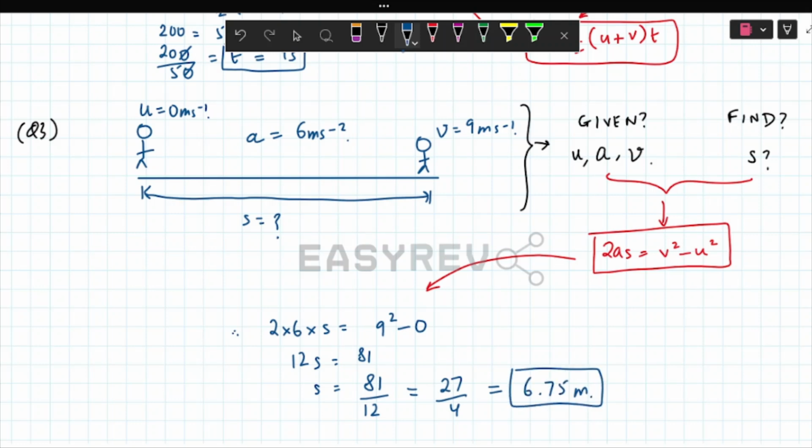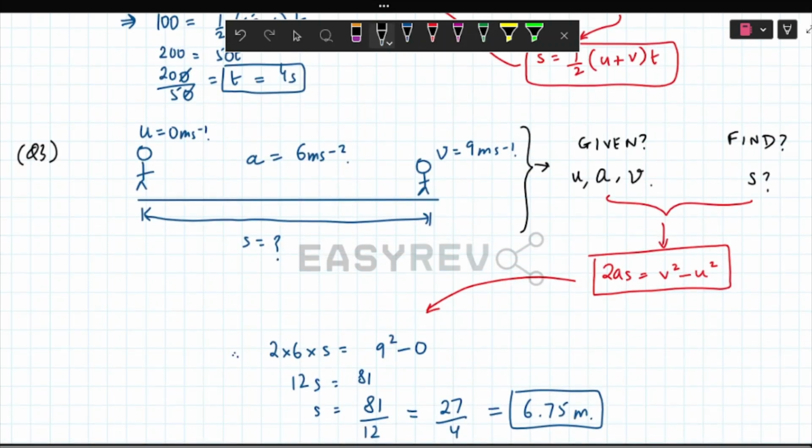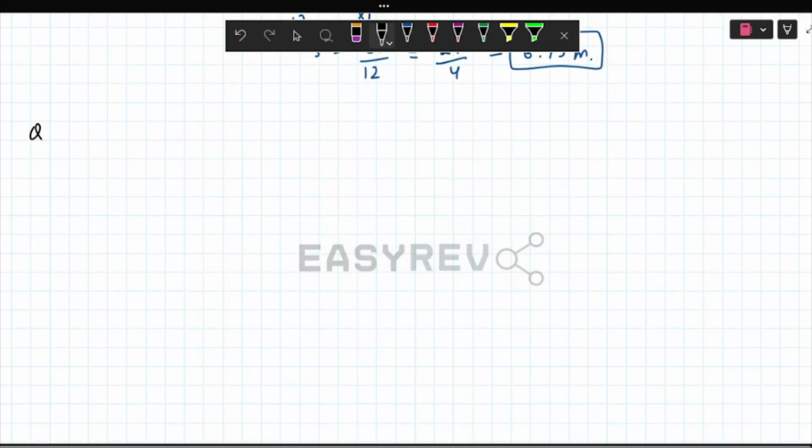And so we realize that during the time that Tufi runs this race, from an initial velocity of 0 all the way to reaching a maximum velocity of 9 meters per second, he covers a displacement of 6.75 meters. Alright, now let's look at the next question where we'll encounter Dr.